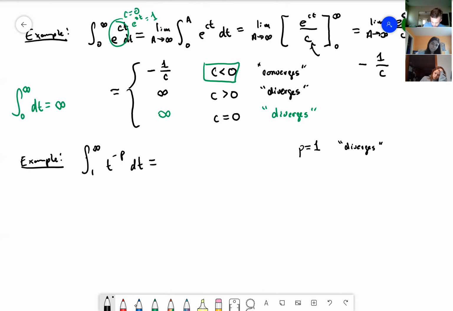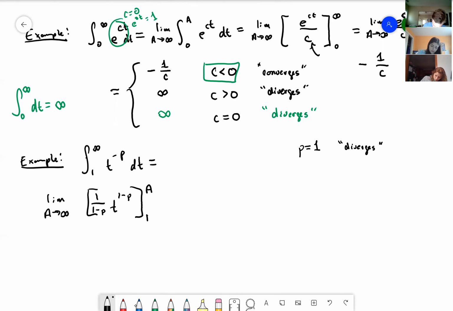Now, when p is not equal to 1, we can do the integral, which is the step I should have pointed out in the beginning of this one. Anyway, we get t to the negative p plus 1, so we'll write that t to the 1 minus p divided by 1 minus p, evaluated at 1. Our upper limit is a, and we're taking a going arbitrarily large towards infinity.